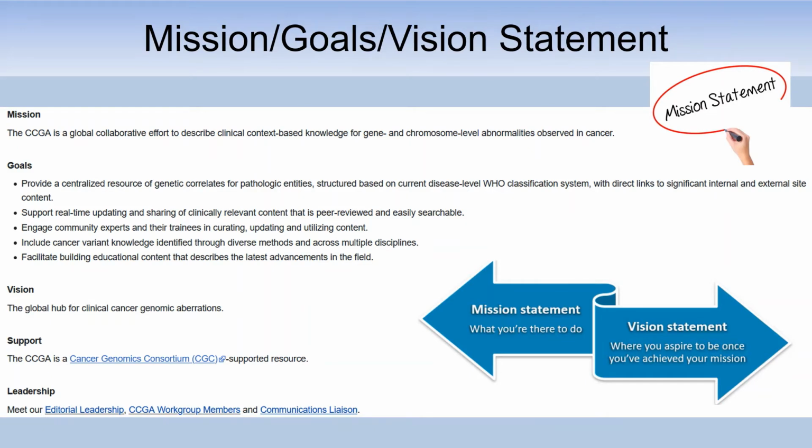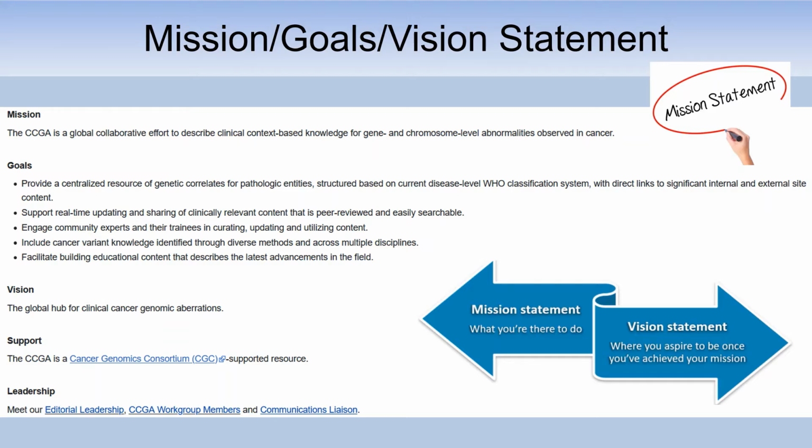As the CCGA grows, we're not only focused on content creation, but also further defining programmatic aspects. So we had to answer the question, what are we aiming to do? Our mission at the CCGA is to have a global collaborative effort to describe gene and chromosomal level abnormalities in cancer in a clinical context.